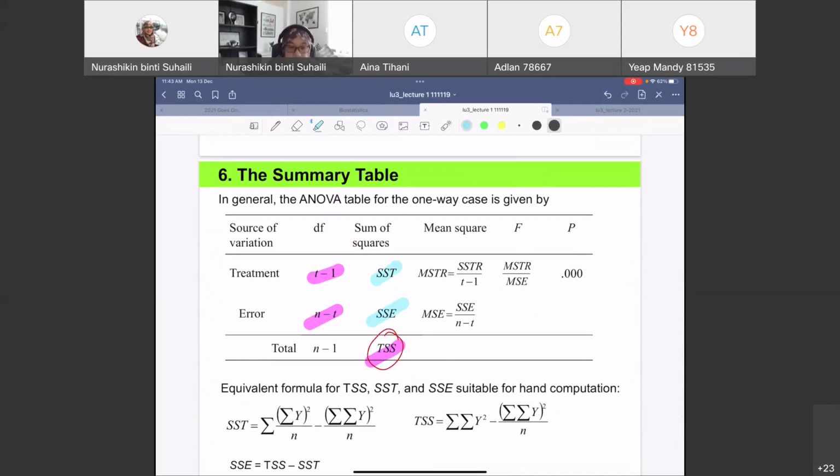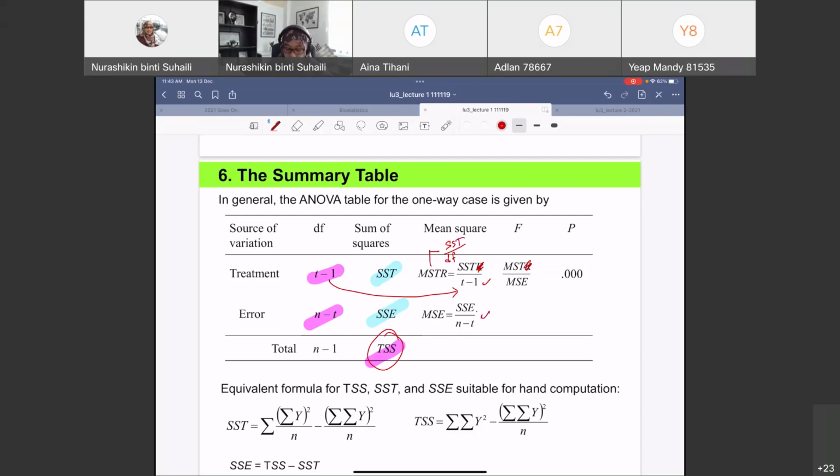So MST is the mean square of the treatment, is equal to SST divided by the degree of freedom for the treatment, which is T minus 1 here. So MSE is SSE divided by degree of freedom for the error.